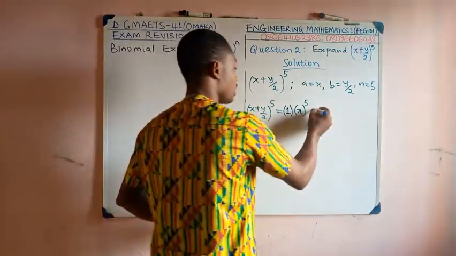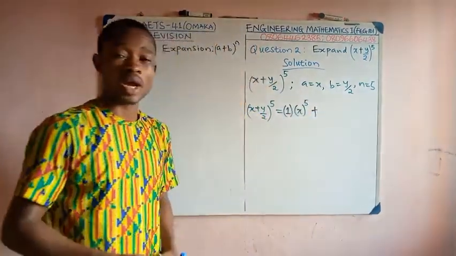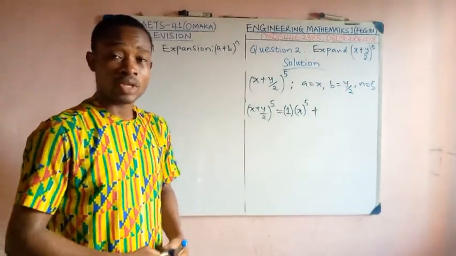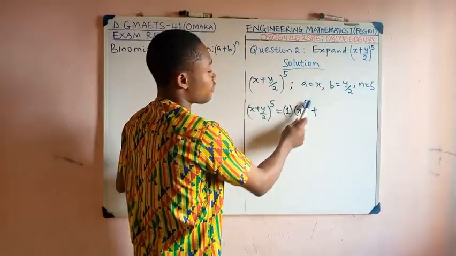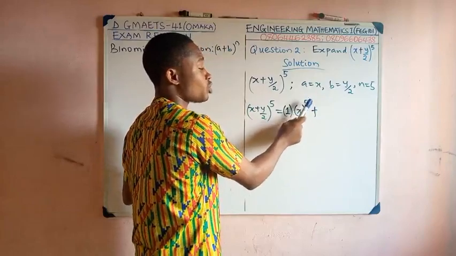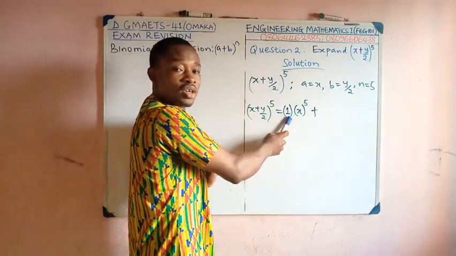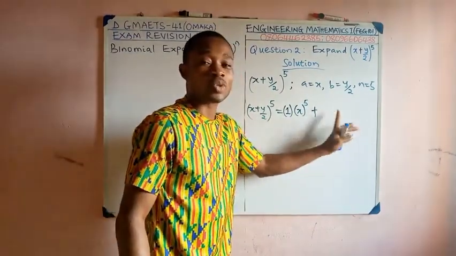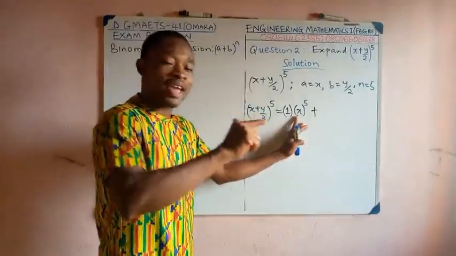Good. Let's go to the second term. The second term is meant to be 5 combination 1. How will I obtain it? It's going to be the power of a here. A is x, the power is 5. So use it to multiply the coefficient of that term. Remember, I want to get the second term now, the n plus 1 term. This will now become the n minus 1 term.